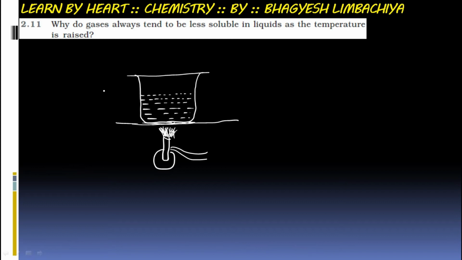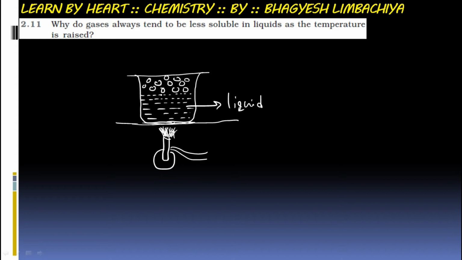In this question you are asked, whenever temperature is increased, what is the effect on the solubility of a gas in a liquid. Suppose here one liquid is taken and here we have taken a gas which we want to be dissolved in it.